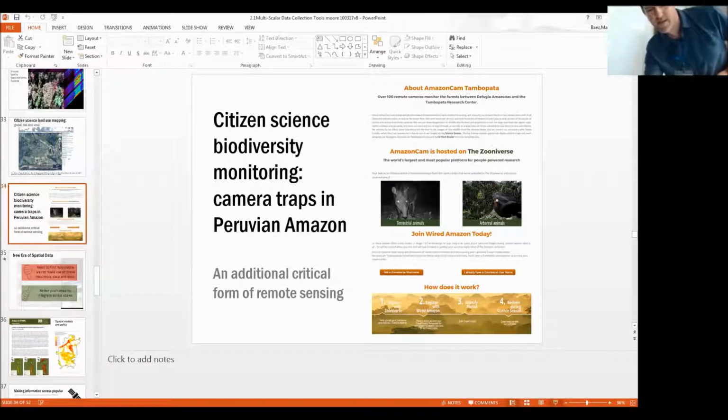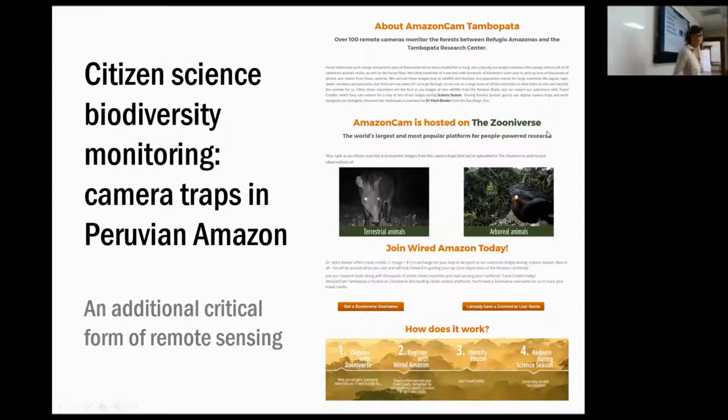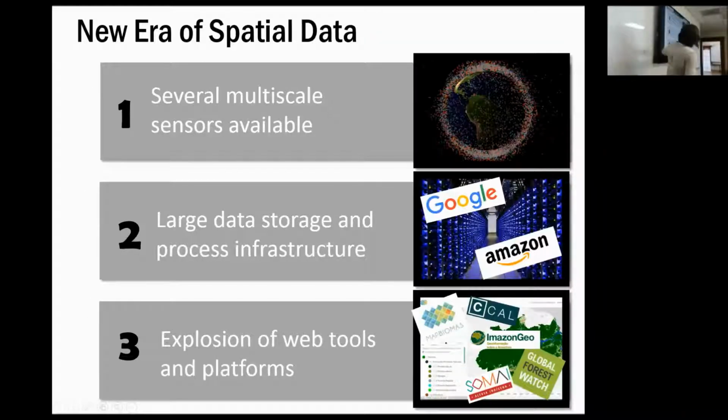Yeah, just to summarize, basically, we are in a new era. We have several multiple sensors available. If you look at here, you see all of those are satellites, not all of those are collecting images, but we have a lot of things over our heads. We do need infrastructure to store and process all this data, and we do have some pretty good ones.